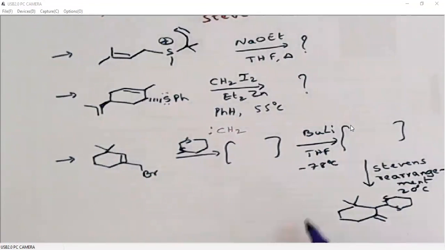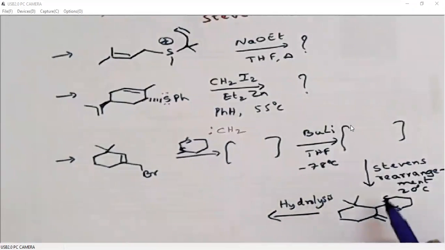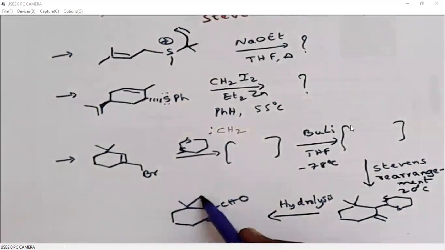Here also one sulfur is there. This on hydrolysis, of course, these two sulfur groups can be hydrolyzed to give a carbonyl. This is the product.